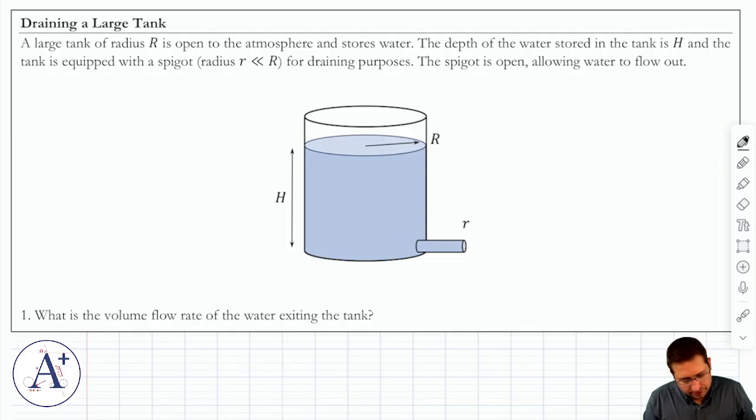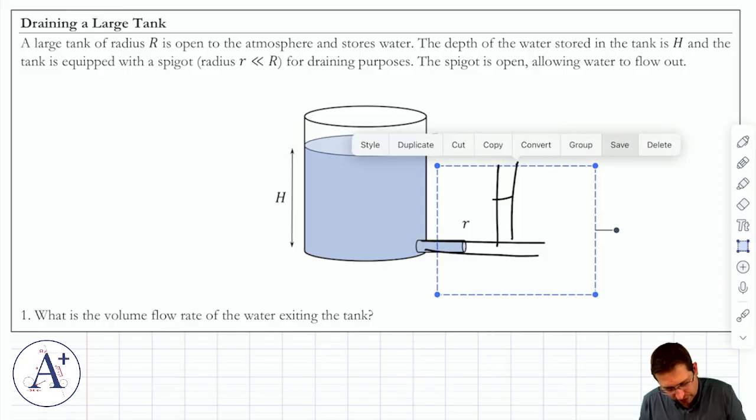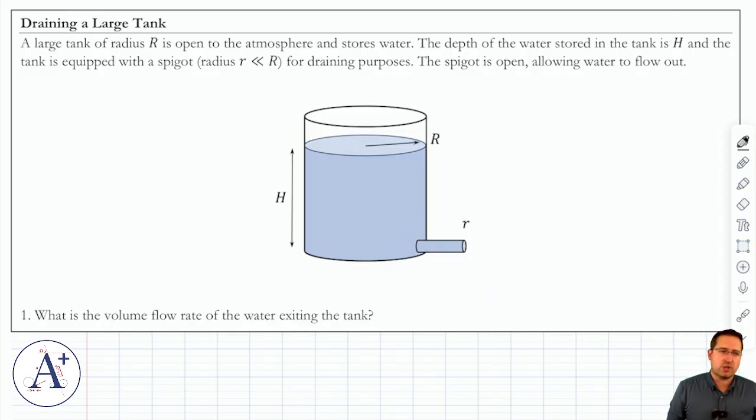There are a lot of different ways you could add on to this problem. You could put a hose that connects here and drains somewhere lower. Maybe the hose gets narrower and narrower, or you could put a longer pipe here with a standpipe with a certain amount of water in there to read pressure, and so on and so forth. There's a whole bunch of ways that you can tweak this problem, but the baseline is the same.